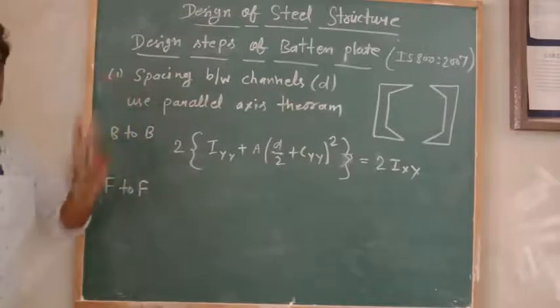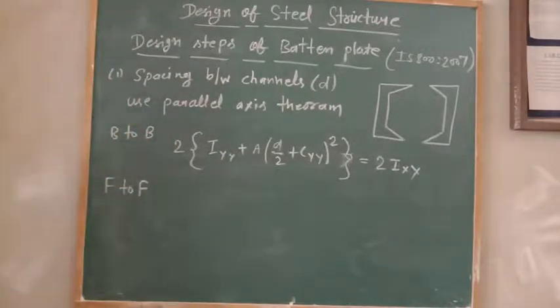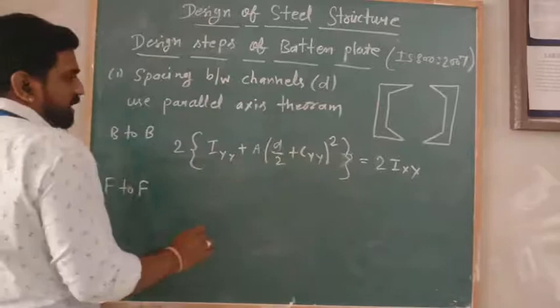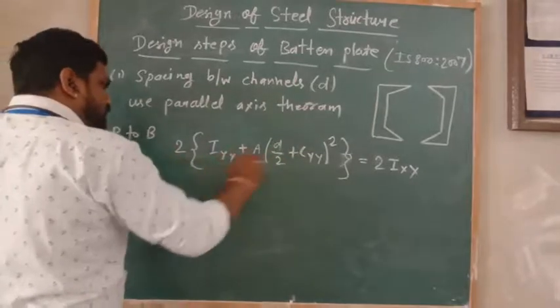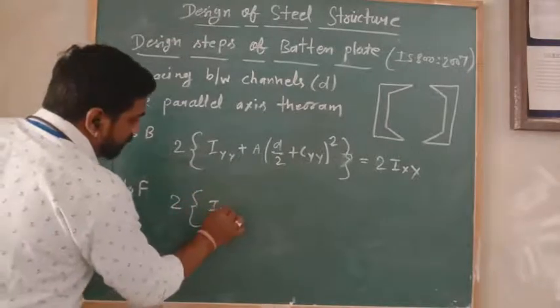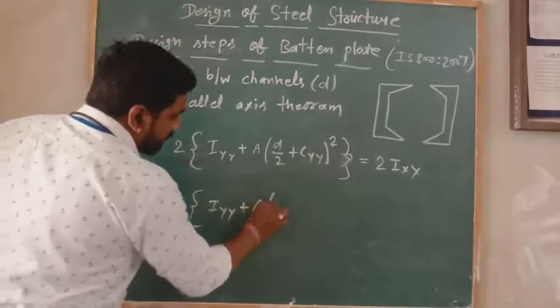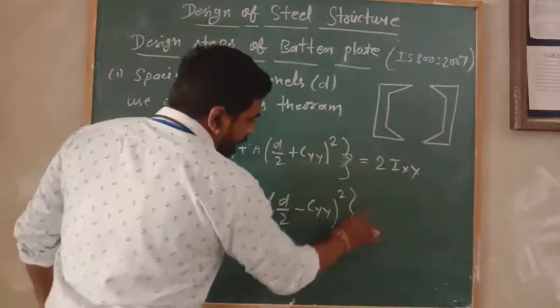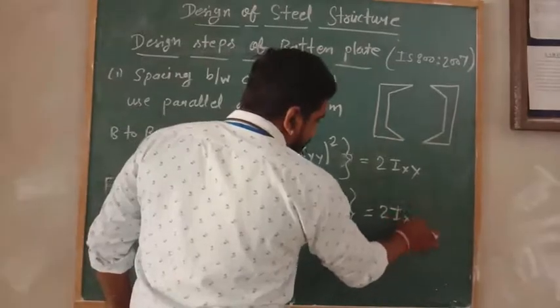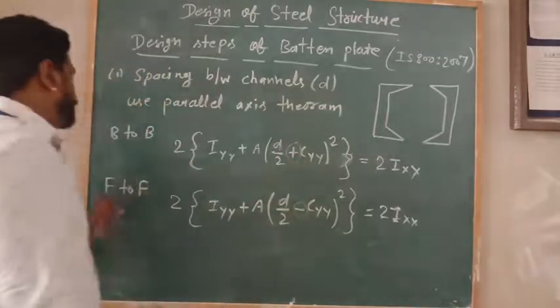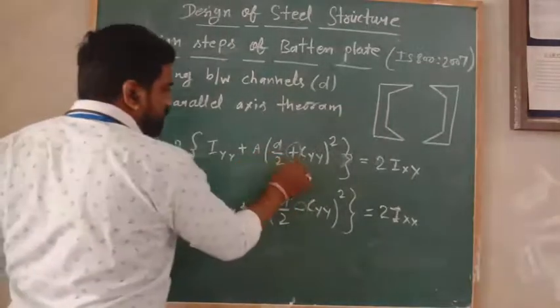In face to face connection, the plus sign is changed to minus and all the elements are the same: twice Iyy plus A (D/2 minus Cyy) square is equal to twice of Ixx. So the major difference is the sign: back to back plus and face to face minus.